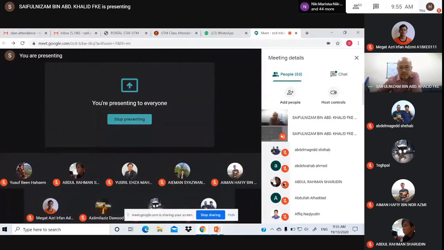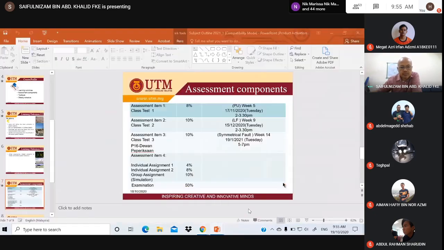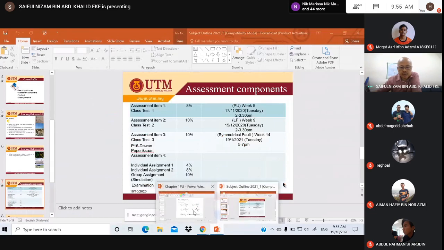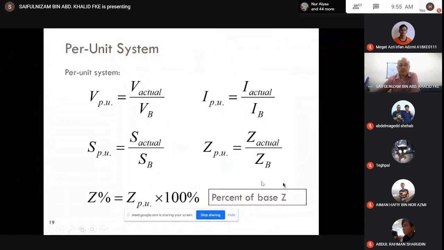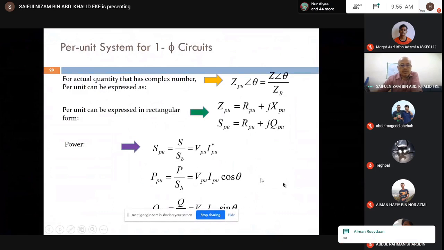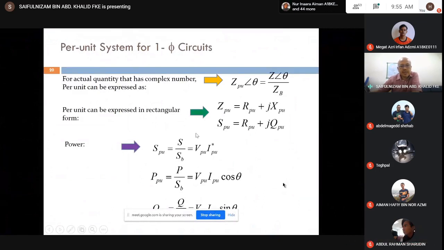Any question? So in case of a complex number, for an actual quantity that has a complex number, the per unit value is also in complex form, or phasor form.